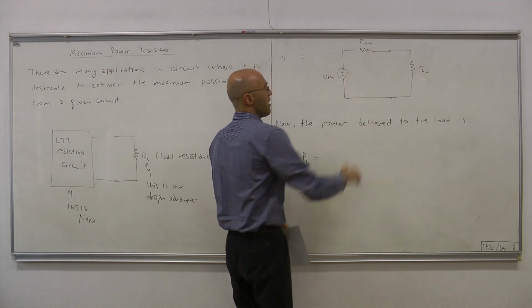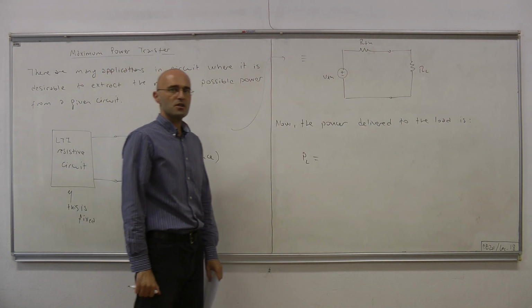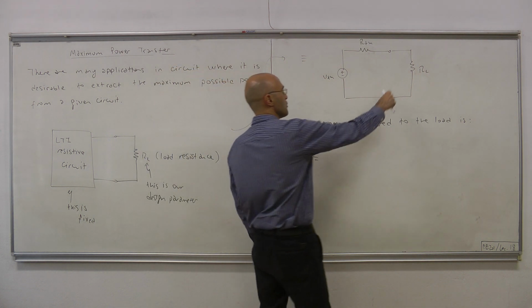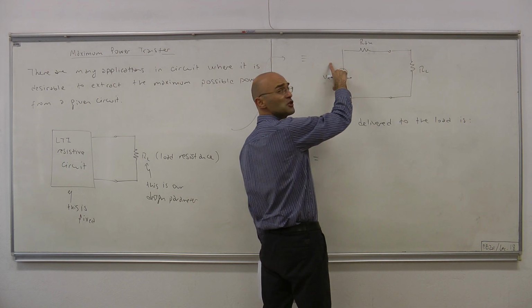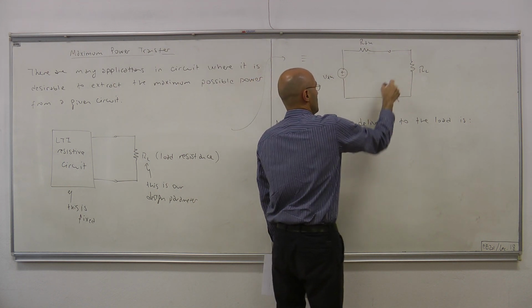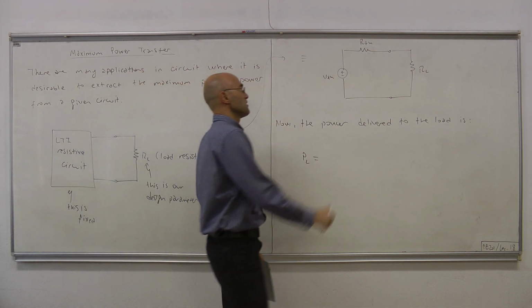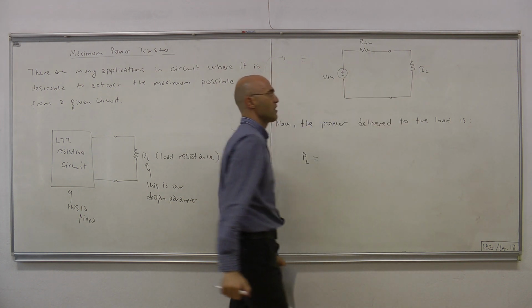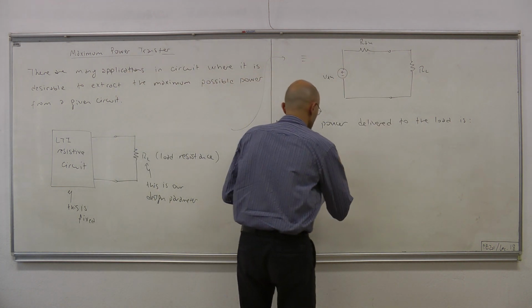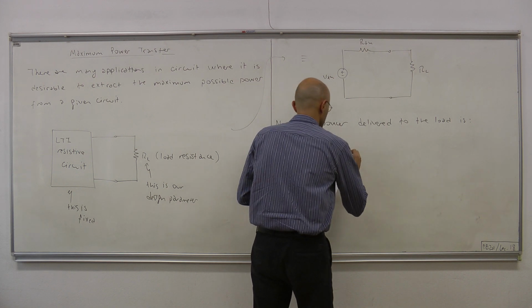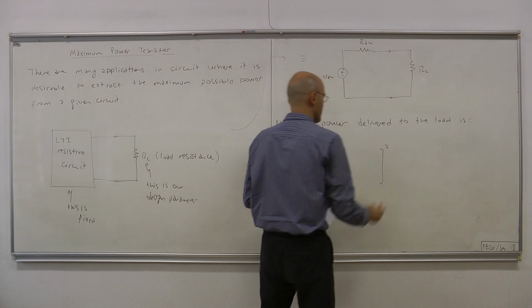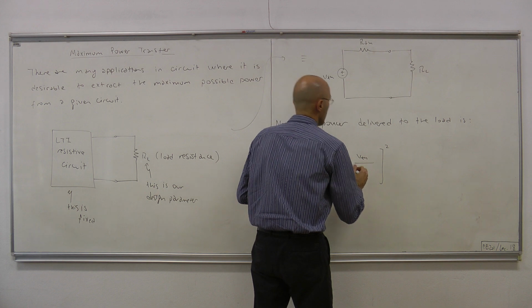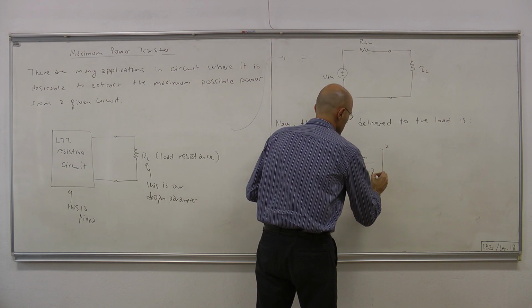Since we're talking about the power of a resistance, it simply equals resistance times the square of the current passing through it. Now the question is, what's the current passing through it? The current is this voltage divided by the resistance seen by the voltage source. Since these two resistors are in series, that current is V Thevenin divided by R Thevenin plus RL. So PL is RL times the current squared, and the current is V Thevenin over R Thevenin plus RL.